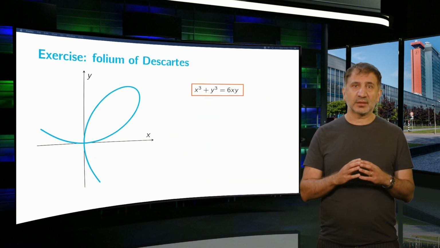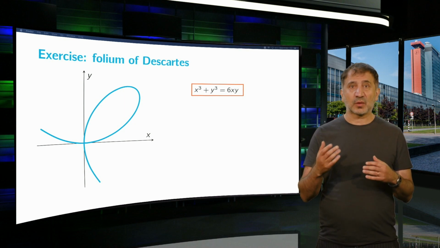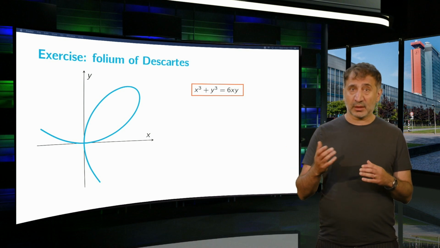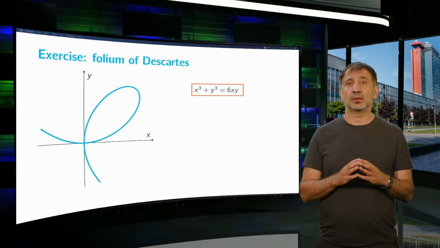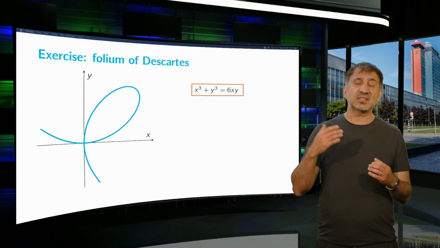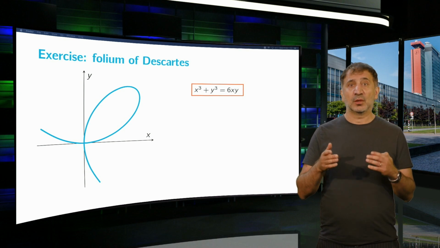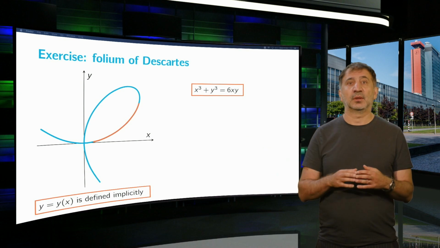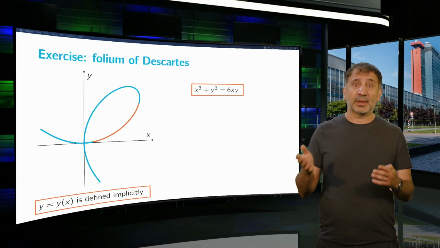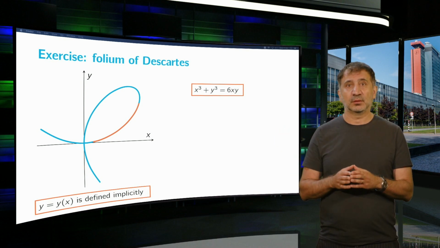Have a look at our second example we started with. This equation describes a famous curve called the folium of Descartes. As in the case of the circle, this curve is not the graph of a function. It implicitly defines several functions. Again, we could focus on a part of the curve, for example this orange part here, which could be described by an explicit formula of the form y is equal to f of x.